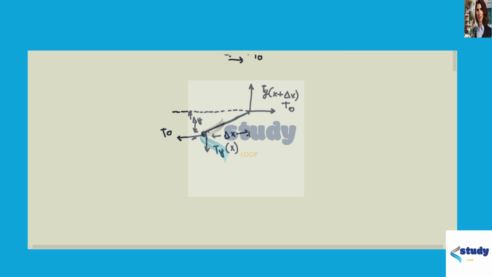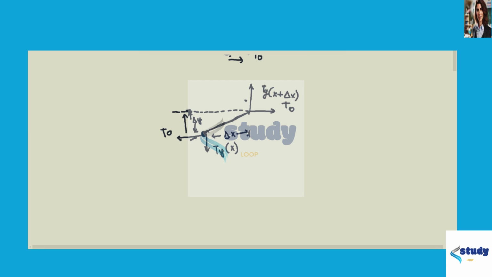So if this point is at elevation 0, this would be at elevation delta y. So this would be delta y higher than this point, and this would be delta x ahead of this point.